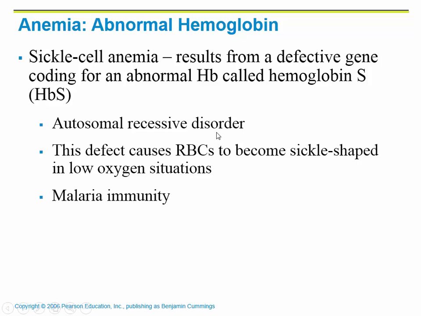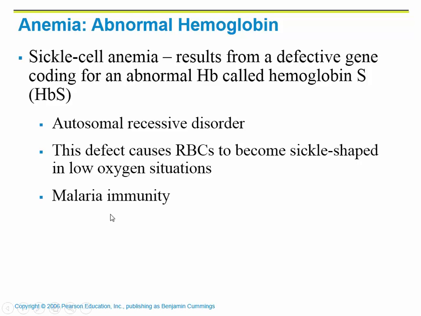It is an autosomal recessive disorder, and that's back from biology days, what that means is just that it's on your chromosomes, not your sex chromosomes, and it's recessive, so you have to get a recessive gene from both parents. And instead of the red blood cells being biconcave, some of them become sickle shaped. And if it's sickle shaped, it is unable to carry as much oxygen around the body.